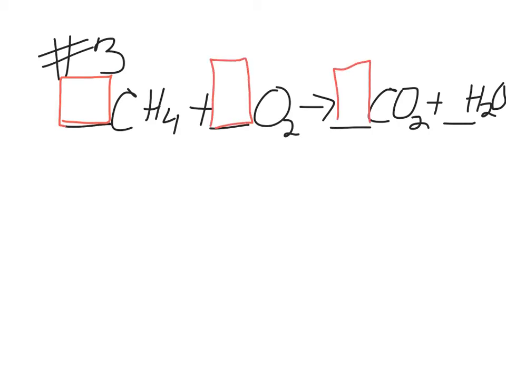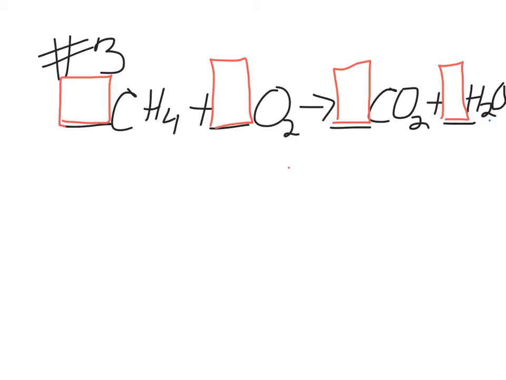So when something reacts, you still have everything the same, you're just going to have different types of compounds on the other side. You still are going to have the same amount of mass. You're just going to have, instead of having a methane gas, you're going to have a carbon dioxide. Instead of having oxygen gas, you're going to have water. So your products change. There's an actual reaction there.